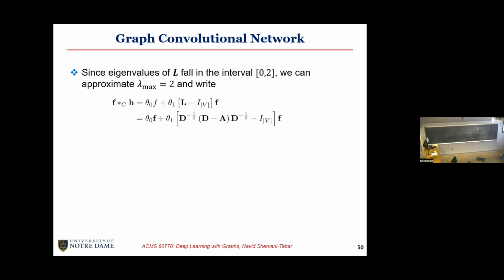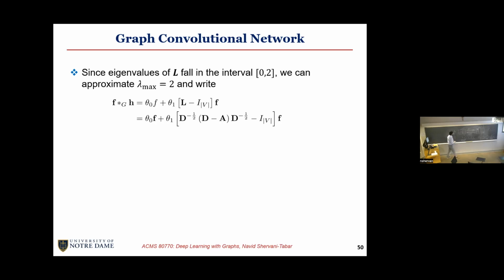We expand that L, and we write it as this relation. It is a normalized Laplacian matrix, which is equal to multiplying by D to the minus 1/2 on both sides, and then I'm just writing L down, where the Laplacian is equal to the degree matrix minus the adjacency matrix, right?